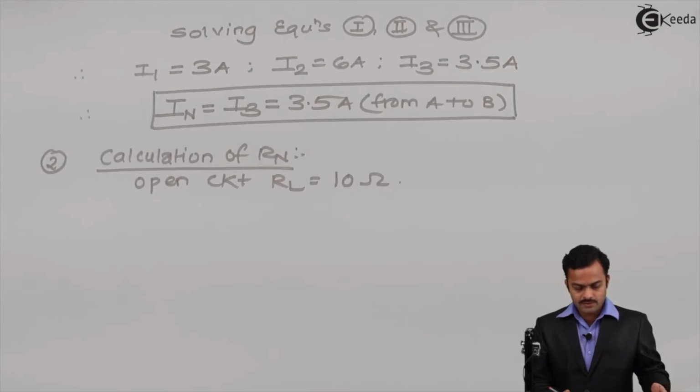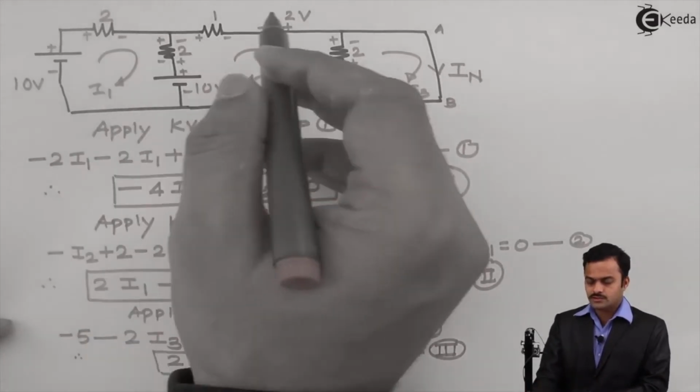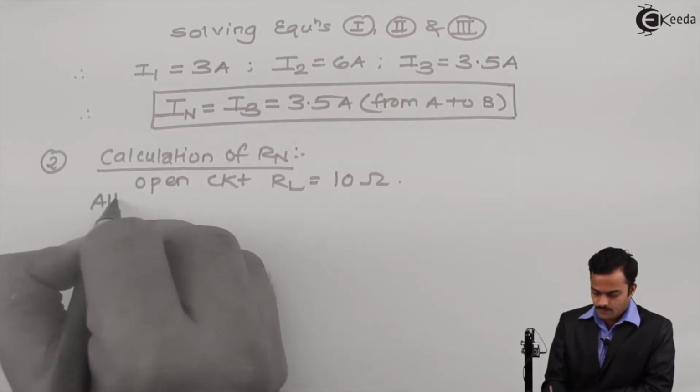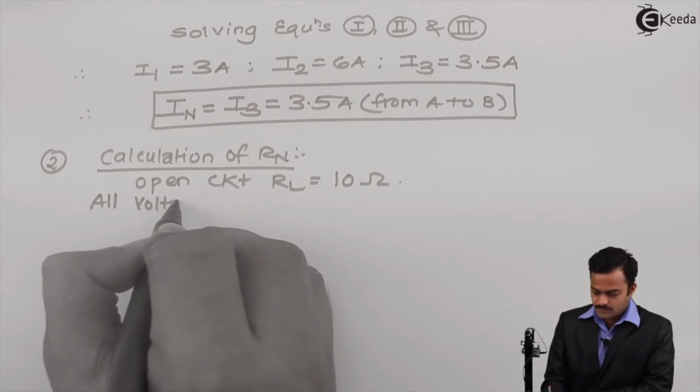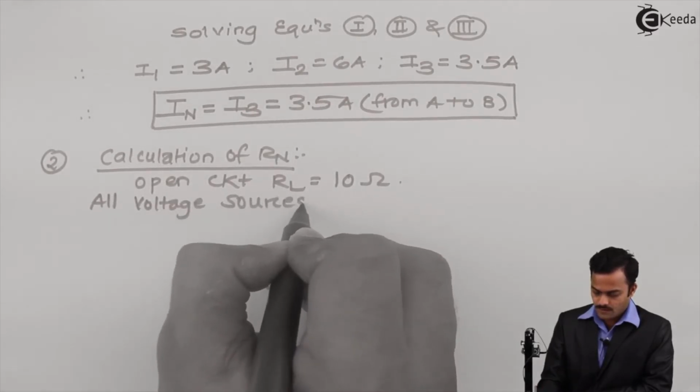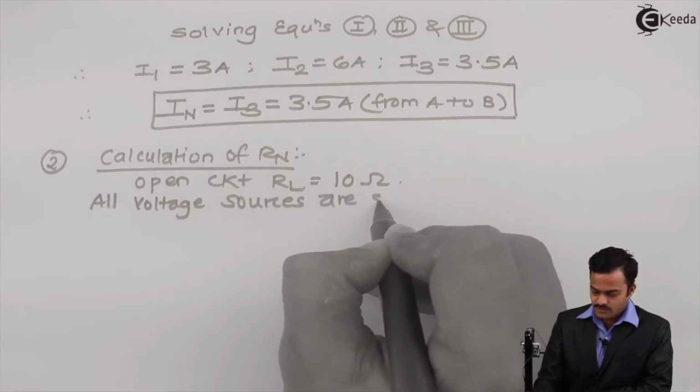So in the simplified version of our circuit, we are having all voltage sources. So I will write here: all voltage sources are short circuited.